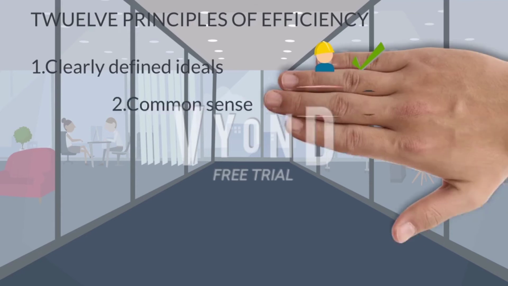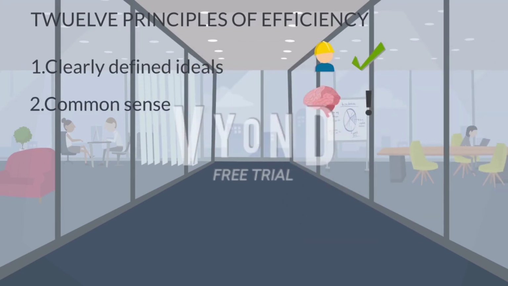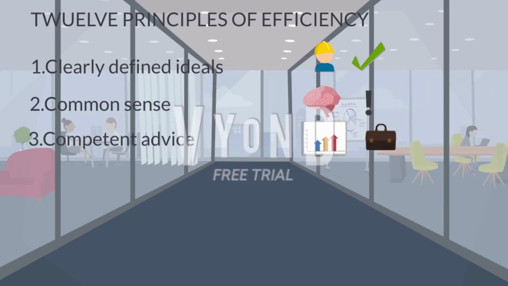2. Common sense. Emerson believed that when a company lacks ideals, organization, and common sense, it tends to become overcapitalized. 3. Competent advice. The increasing complexity of the business requires the frequent use of technical experts. 4. Discipline.